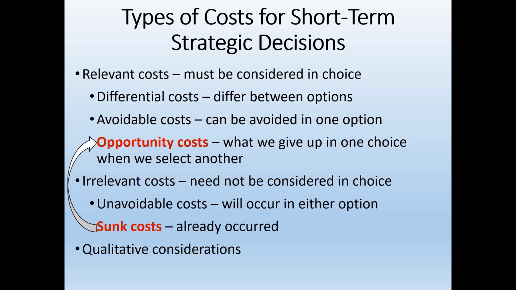One of the reasons that managers sometimes have trouble making optimal decisions is that they tend to focus too much on sunk costs and not nearly enough on opportunity costs. For example, when you get to the restaurant, maybe you find that there's a long wait for an open table.